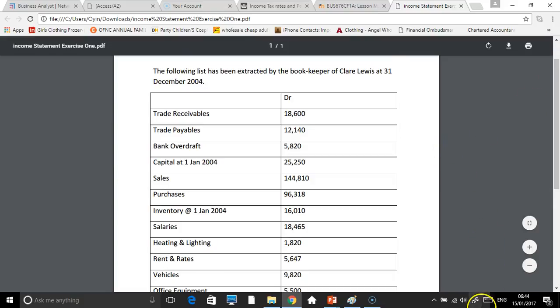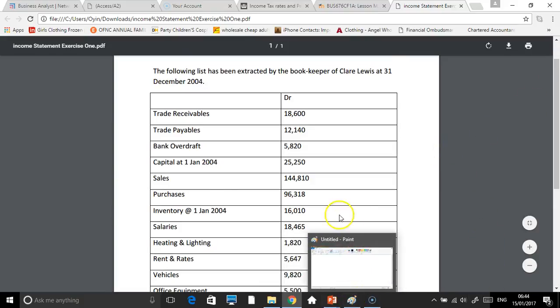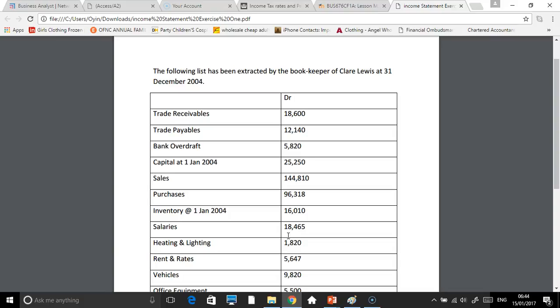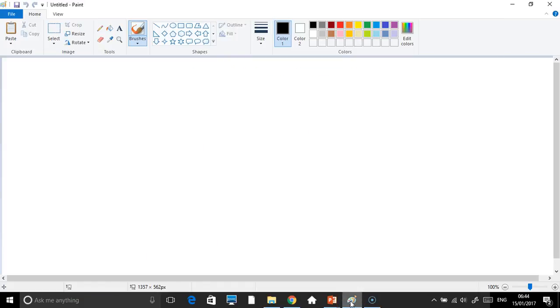So the first thing we need in our list is revenue. And we see the revenue here is 144,810. I'm just going to use my WordPad. So revenue is 144,810.